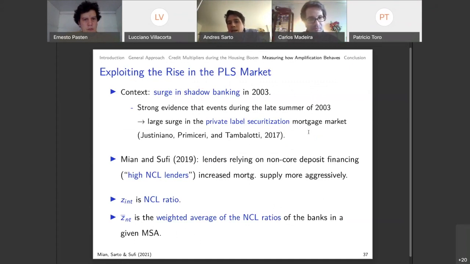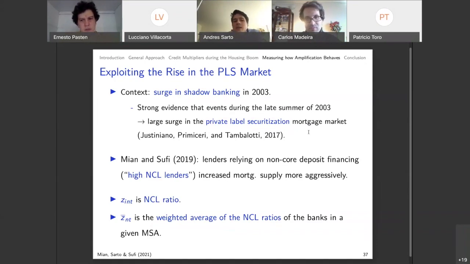The idea in that paper is that the banks that relied more on non-core, non-deposit funding to fund their operations were better able to switch and take advantage of the PLS market much more quickly. And so what they use, and what we're going to use here as our Z, is the NCL ratio of these banks, basically the non-core liabilities ratios of these banks, thinking that these are the ones that could take advantage of this rise in the PLS market.